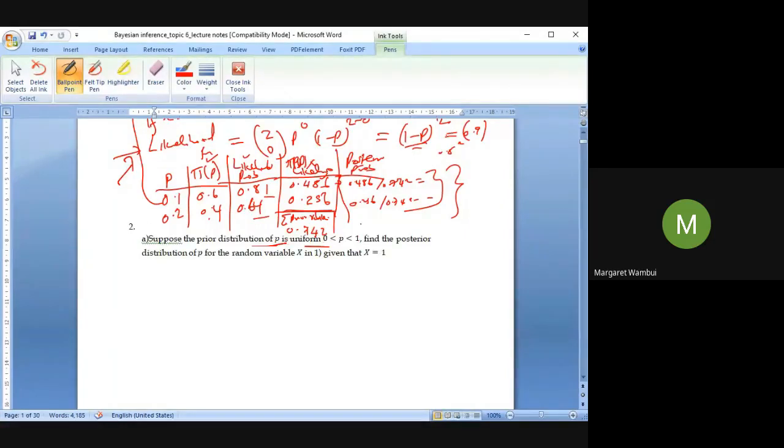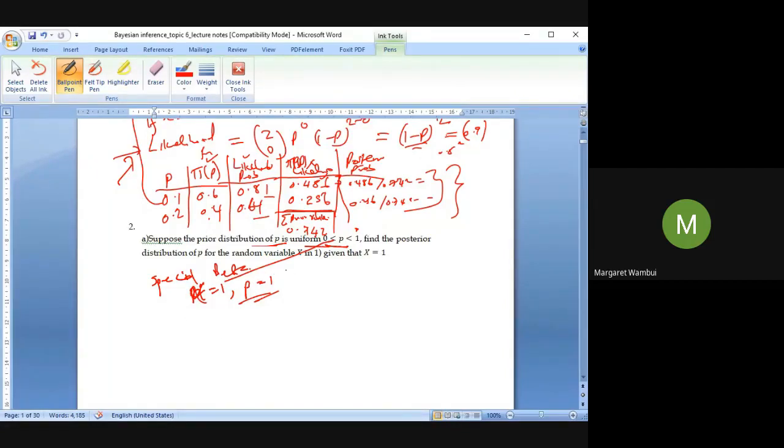Remember, if it's a uniform case where P is between 0 and 1, this is a special case of the beta distribution with the parameters 1, 1. Alpha equals 1 and beta equals 1. When you have a uniform distribution, it is equivalent to having a beta distribution with alpha equals 1 and beta equals 1.